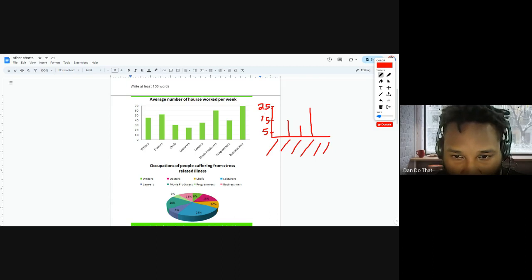Writers. Nope. Where's writers? Green. Light. Okay, I think writers is 8. All right, so we're at 8. Then what's pink? Businessmen. It's 11.